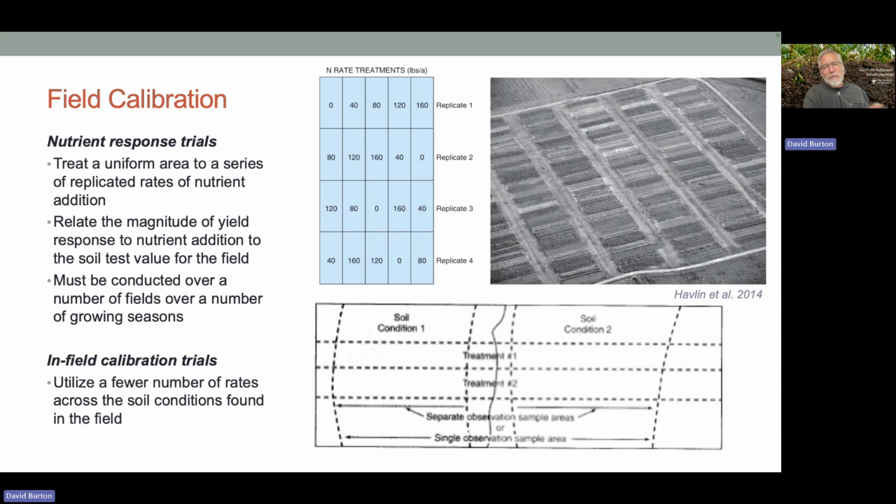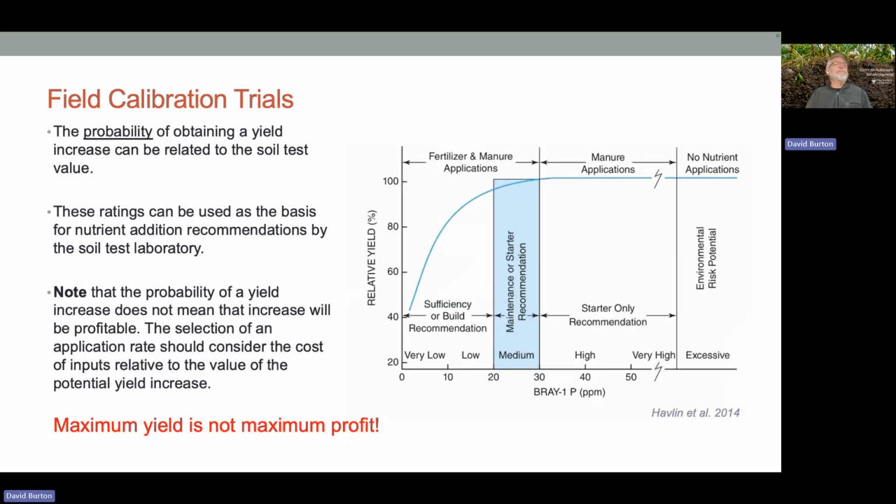So sometimes the nutrient response values from those fields didn't actually tell you very much about your field. So these in-field calibrations seem like a much more innovative way to actually say, what is the nutrient response on your field, and how do the soil test values that you're using relate to that nutrient response value?